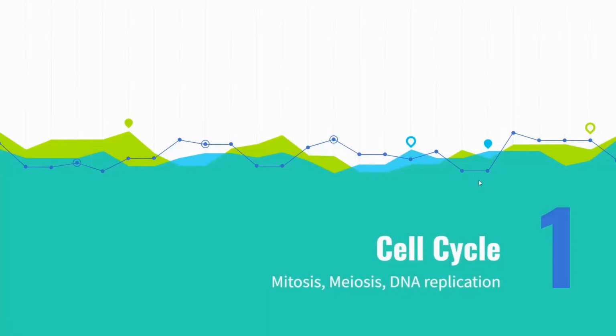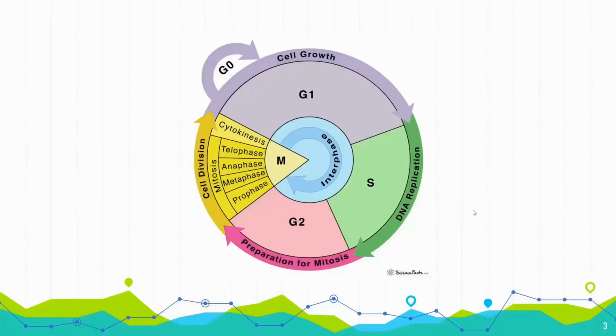So first we're going to go over the cell cycle, which consists of mitosis, meiosis, and DNA replication. And here's the cell cycle, and as you can see, the largest part of the cell cycle is interphase, and the smallest part is the mitotic phase.